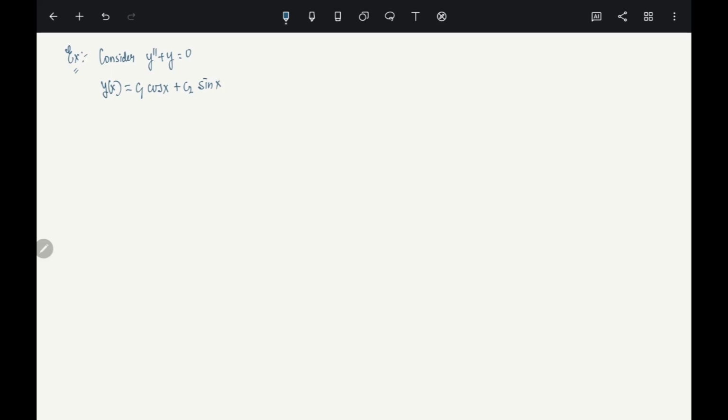Of course not, right? Because sine and cosine have infinitely many zeros. Cosine x and sine x are the two linearly independent solutions for this problem, and they form the basis for the solution space.